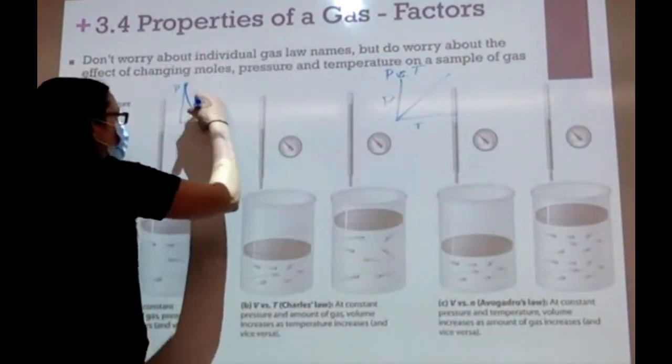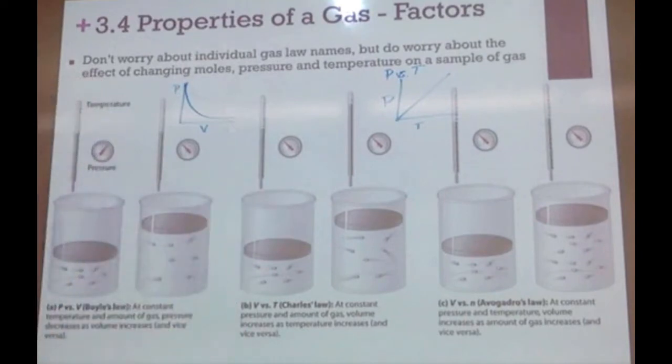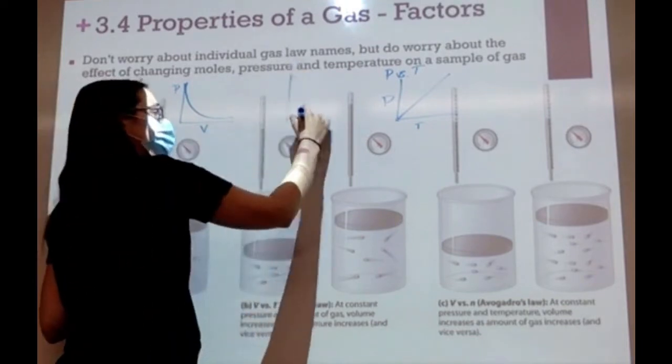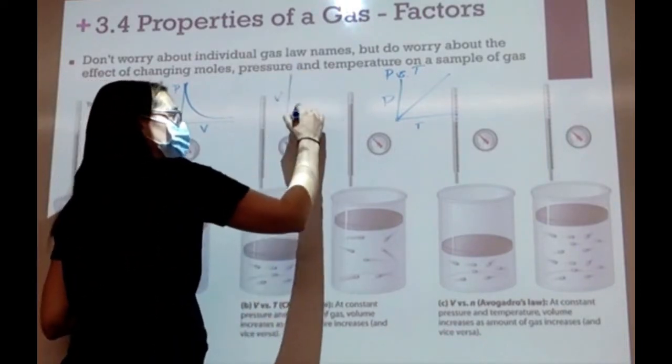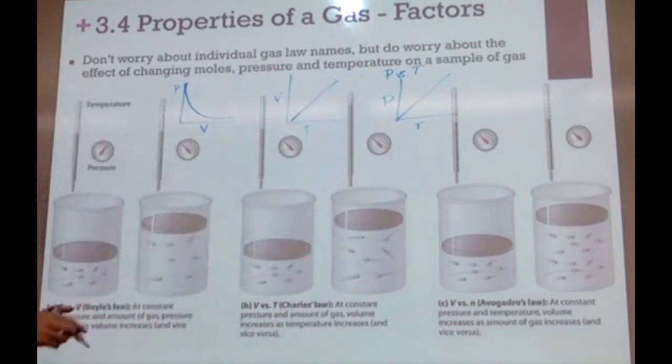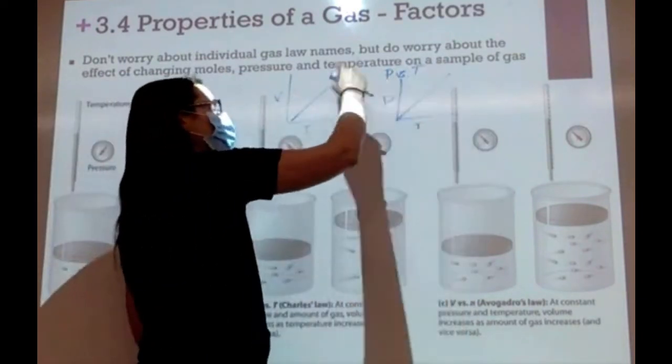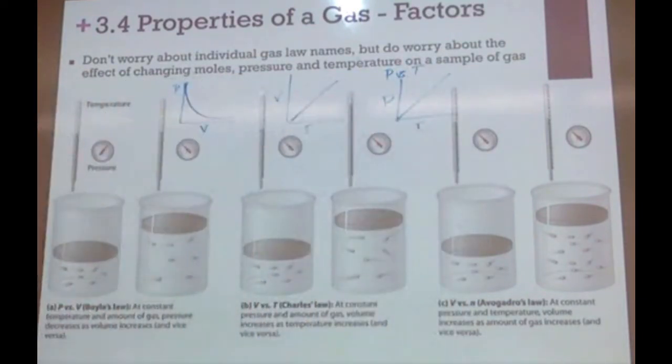Pressure and volume is the only one that is inverse. Make yourself a note somewhere that pressure and volume are the only two variables that are inversely related. Everything else is direct. So that means that V and T is directly related. Every other set of variables will be a straight line except for pressure and volume.